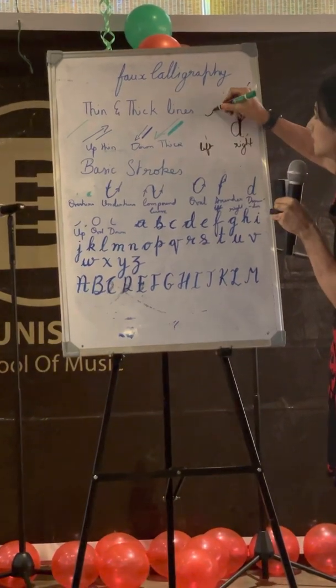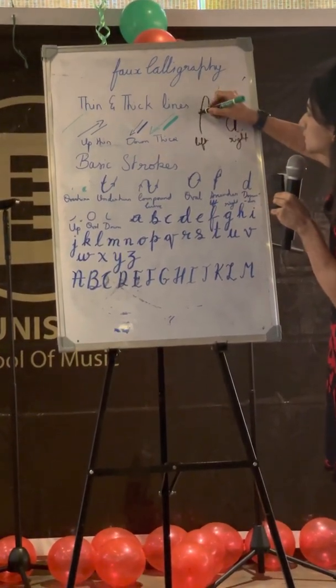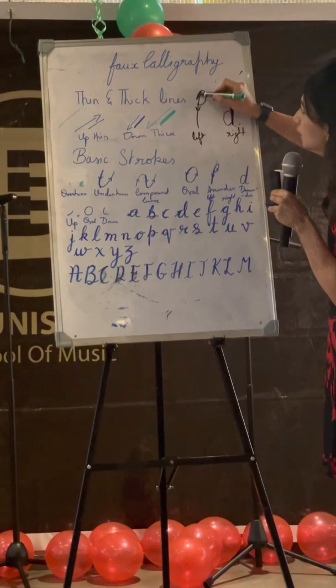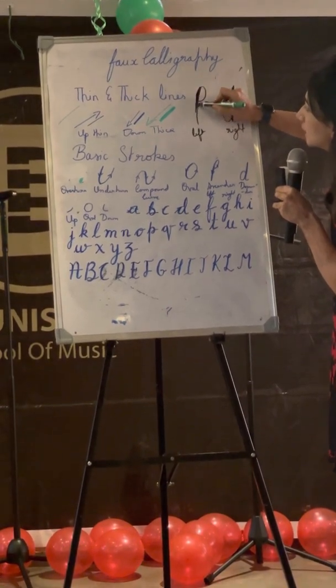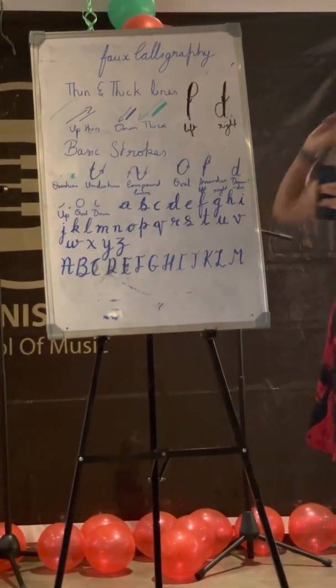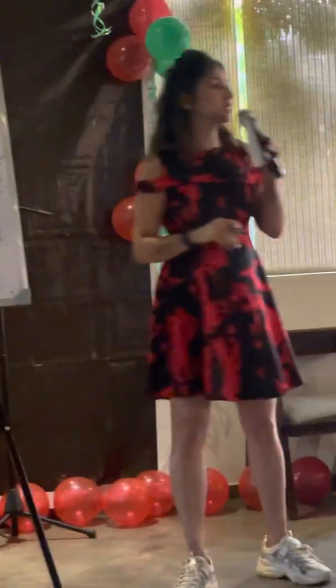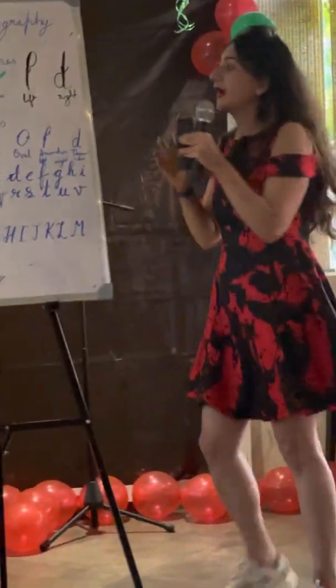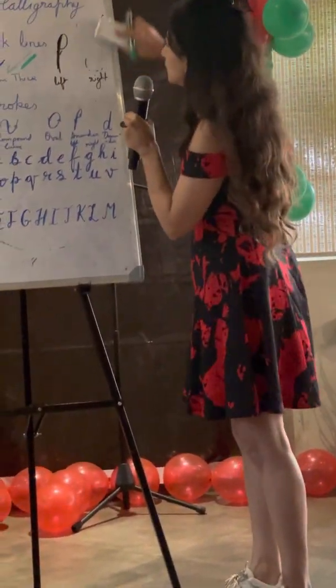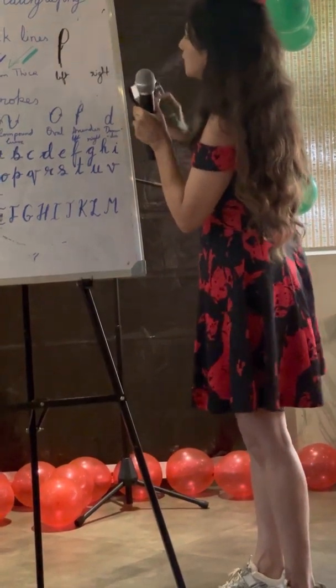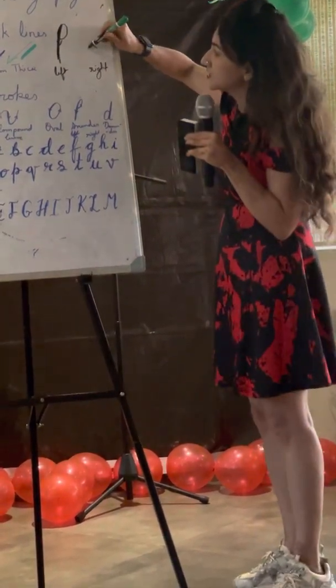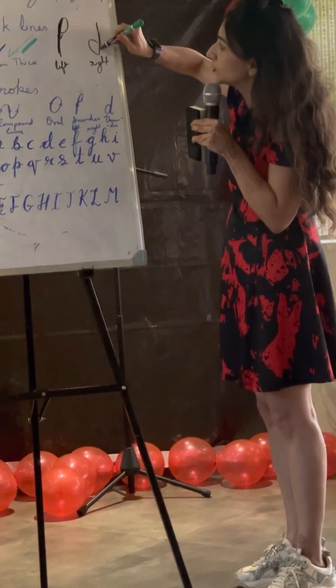So we went this way, we came down. This was the down line and I thickened it from the left side. Okay, everybody is able to follow, right? And this one, we went like this and we came down.